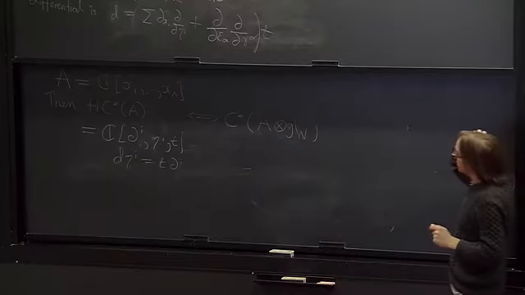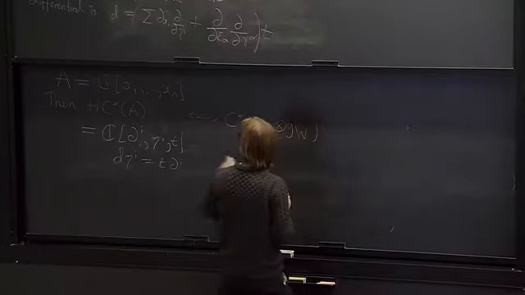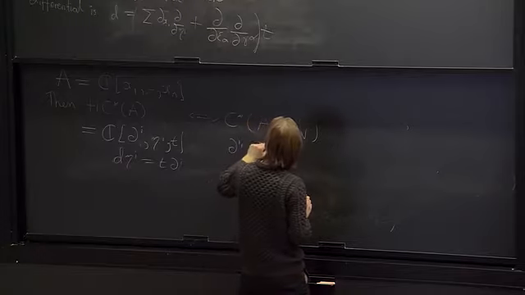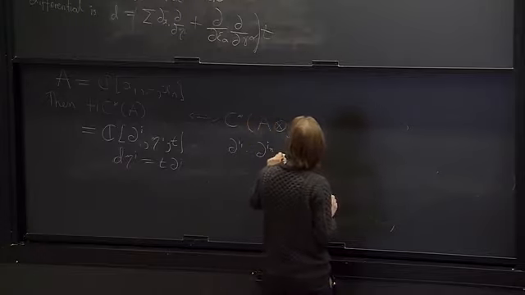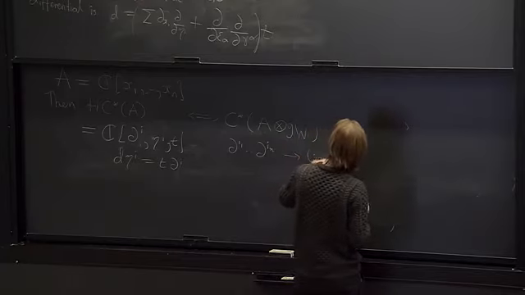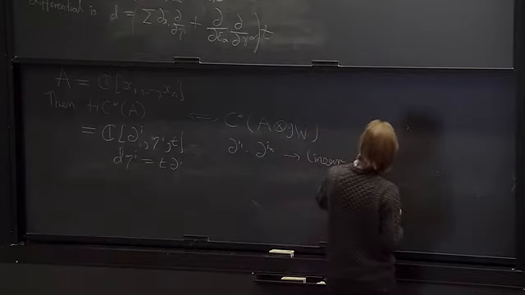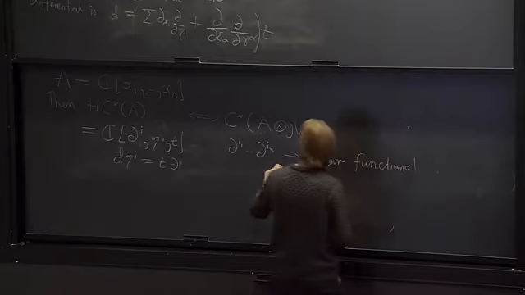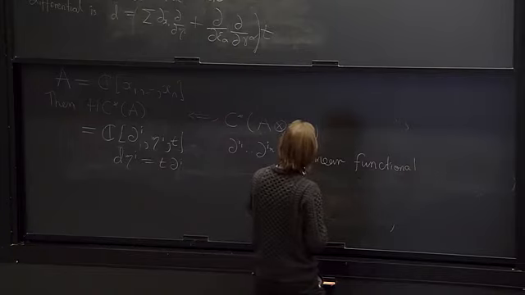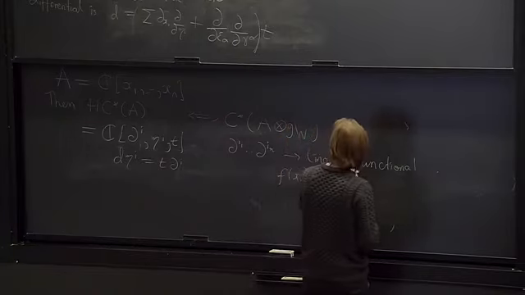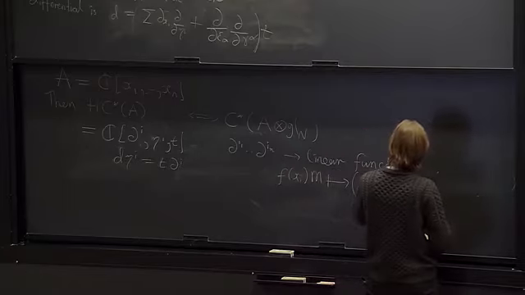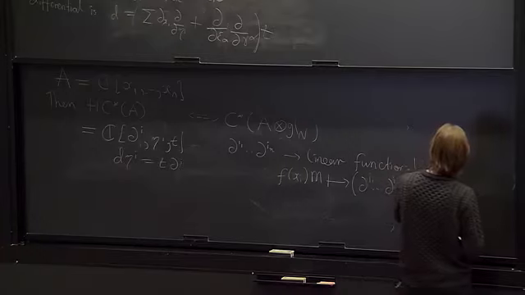So the way the correspondence works is some polynomial in the dells goes to a linear functional, which sends f tensor matrix to del I1 ... del In f at 0 times the trace of the matrix.